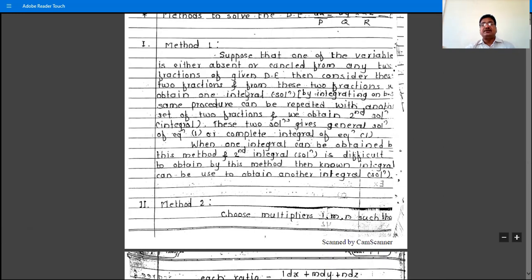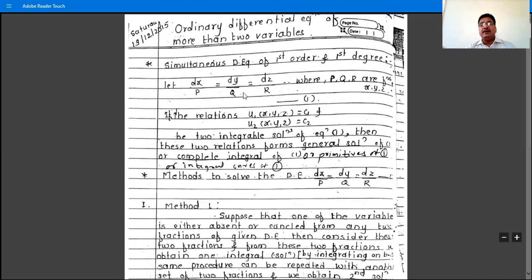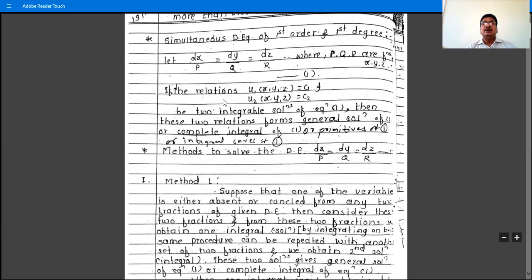Consider these two fractions, and from them obtain one integral solution by integrating both sides, or by some other procedure. That is, if the equation is homogeneous, non-homogeneous, or a linear differential equation, then apply that procedure and find its solution.